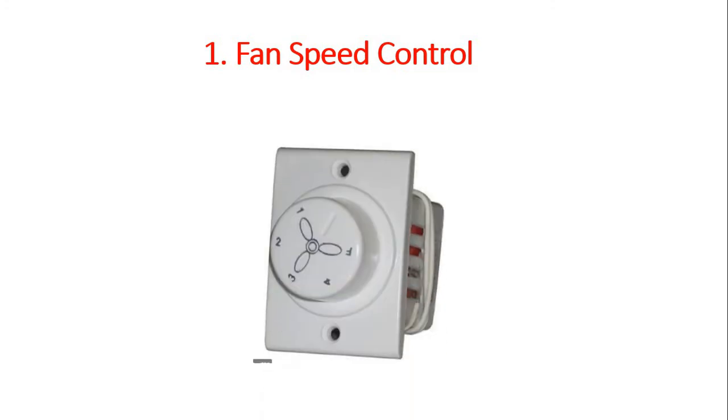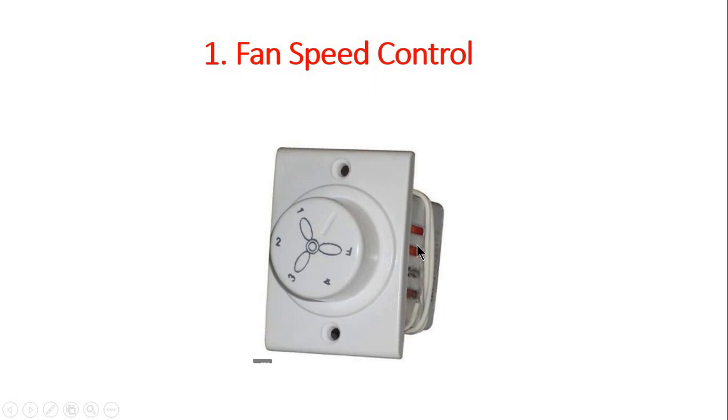You have seen this kind of device which we usually use as a fan regulator. It is nothing but a rotary switch which has some positions. When we switch from one position to another, the fan speed gets controlled. It will increase if you go this way, or decrease in the anti-clockwise direction.